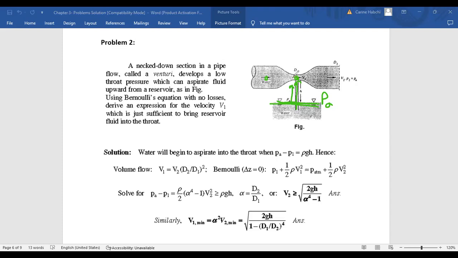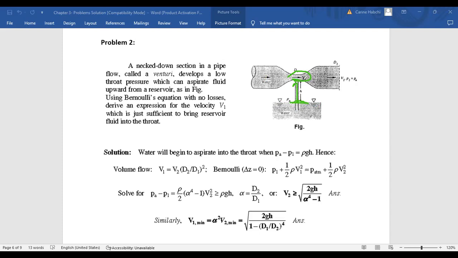The idea here, what we want to find in this problem, okay, is what should be the velocity V1 that is enough to bring the fluid to the throat. To be able to do the analysis and to see what is the relation between V1 and the fluid elevation in the tube, let us think together. First, we need to impose a certain pressure variation between this level and this level.